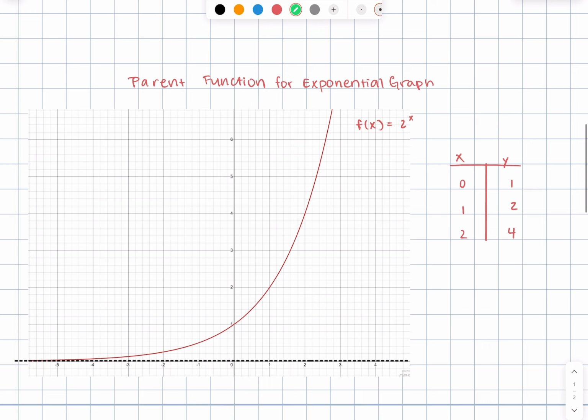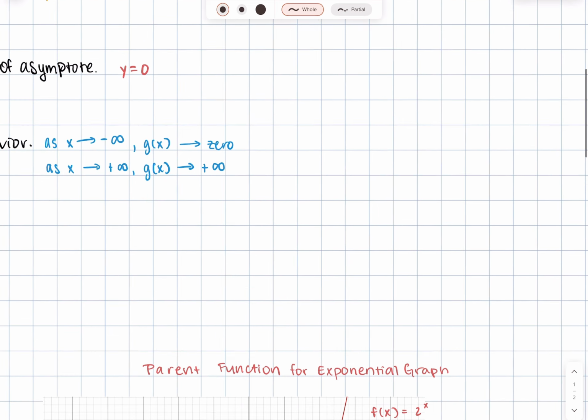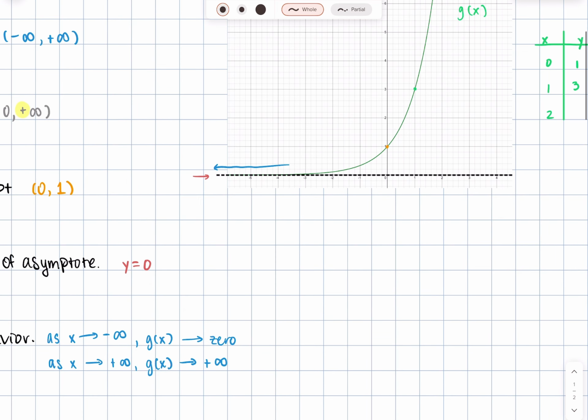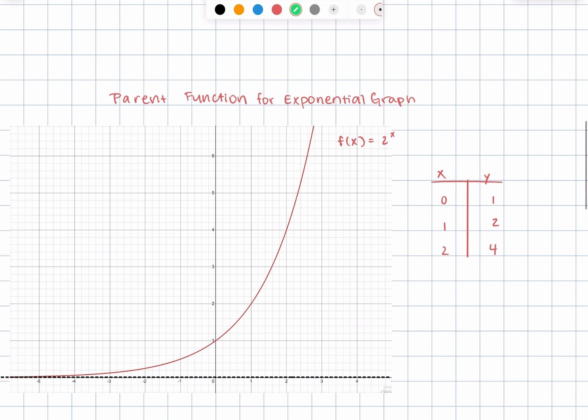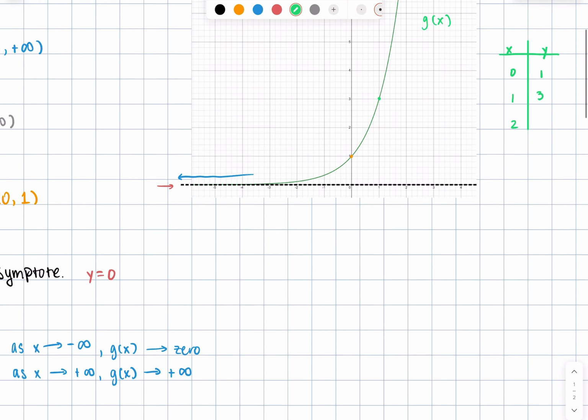So since we can see that when x is 0, the y value is 1, they have the same y-intercept, we know there's no horizontal or vertical transformations. So we can rule that out. So we just have a number for this equation.